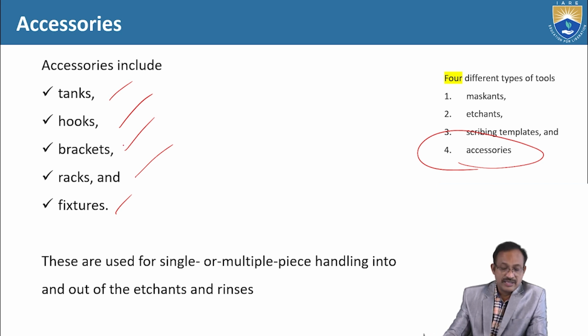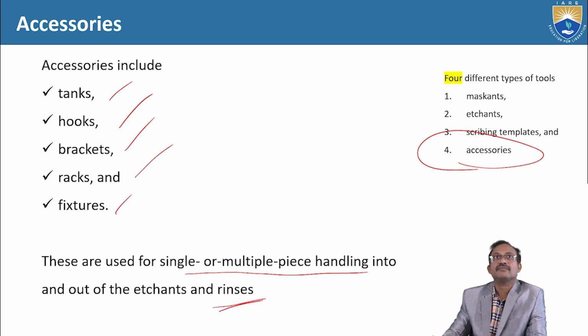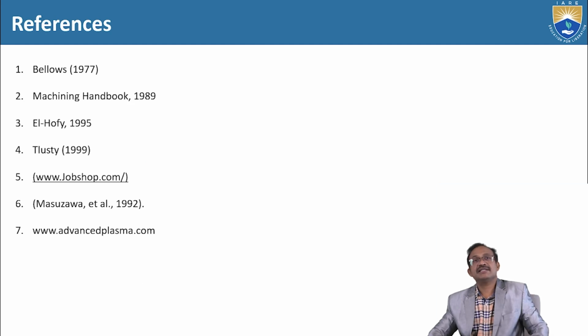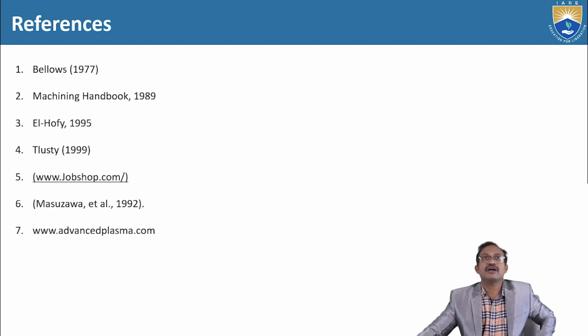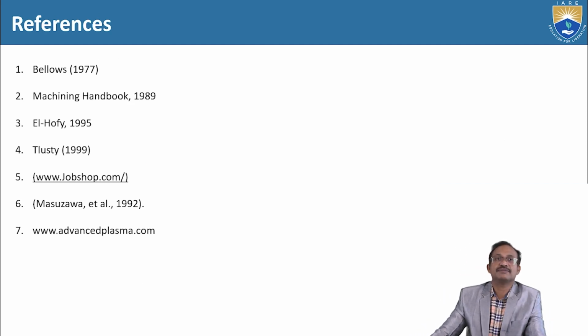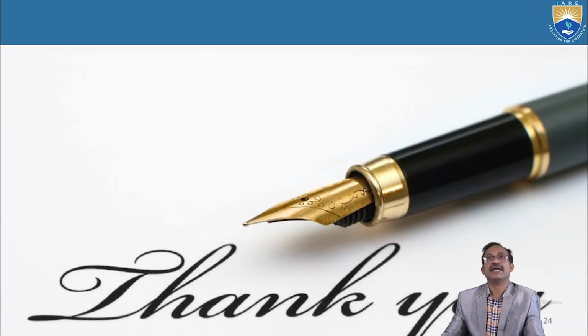These are used for single or multiple piece handling into and out of the etchant and rinses. So these are the accessories, and the following are the references used for this presentation.